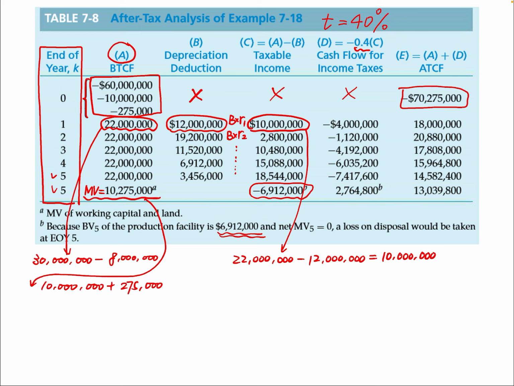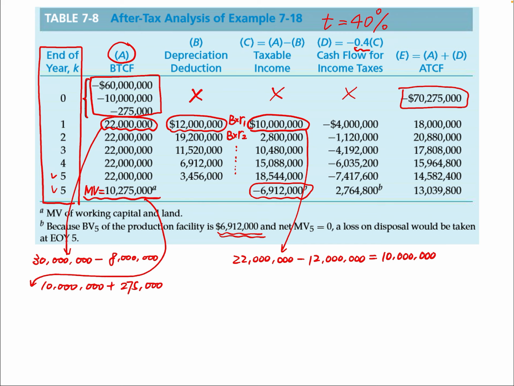And then in the last column, all these numbers should be whatever you have in column A plus what you have in column D. So this method looks complicated, but whenever you understand the structure and how you come up with every figure, it's actually not that difficult to fill up.